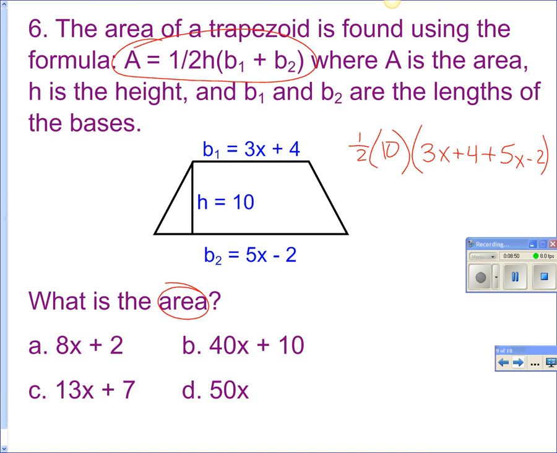Very good. Jack, what would I do first up there? What's half of 10? Very good. Hallie, what do I do inside the parentheses? All right, that gives you what? All right, put your x's together.